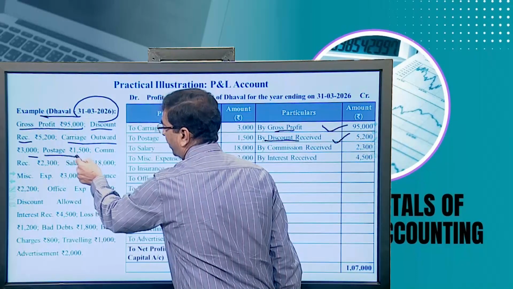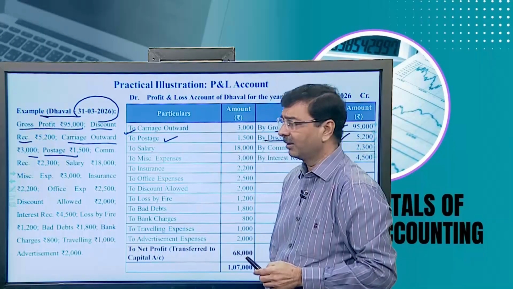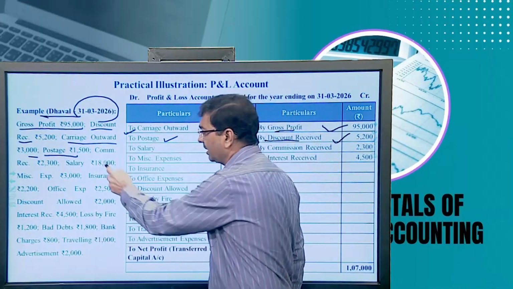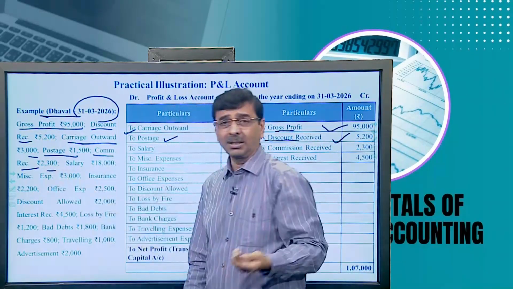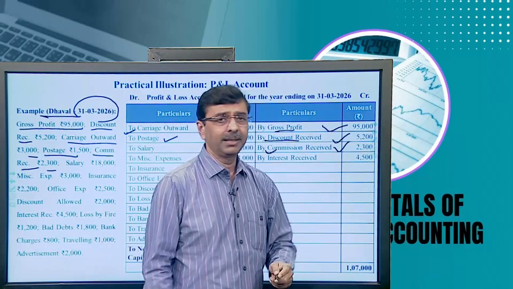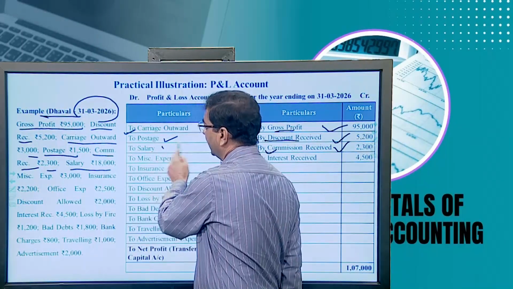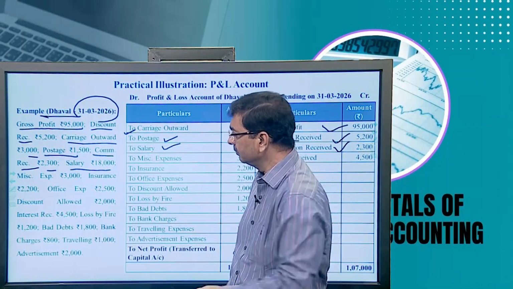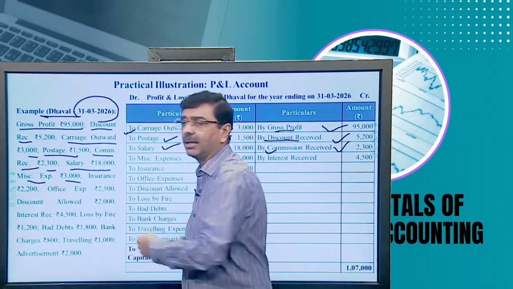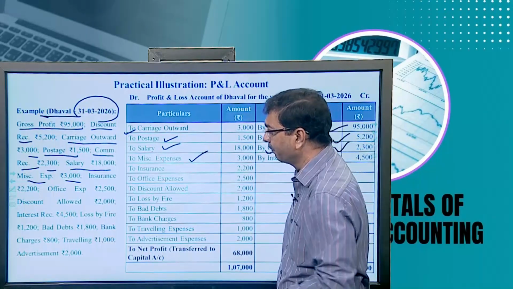Postage is an administrative expense. So, carriage outward and postage are both on the profit and loss account debit side. Commission received is again income, so commission received is on the credit side. Then salary is an expense, salary P&L debit. Miscellaneous expenses, again an expense, P&L account debit side.